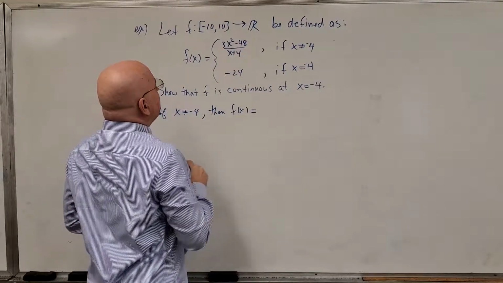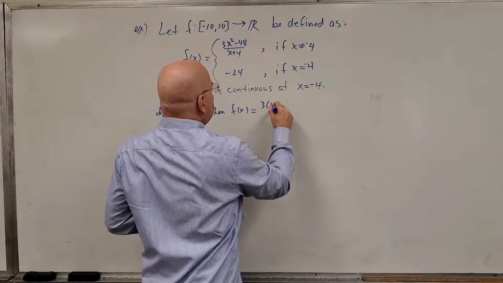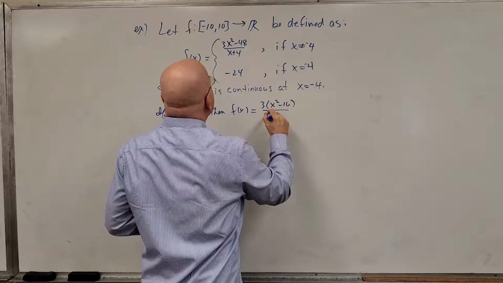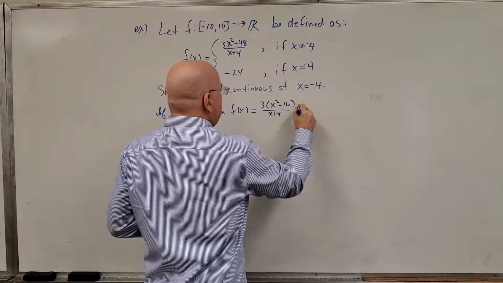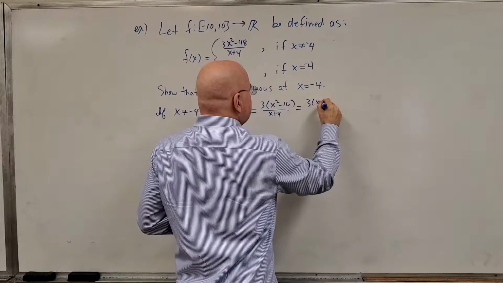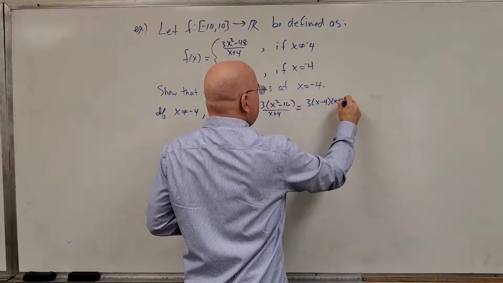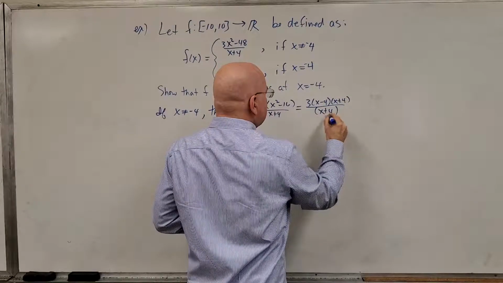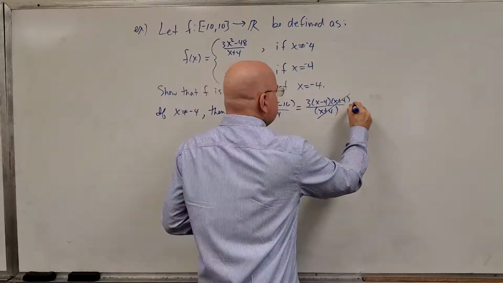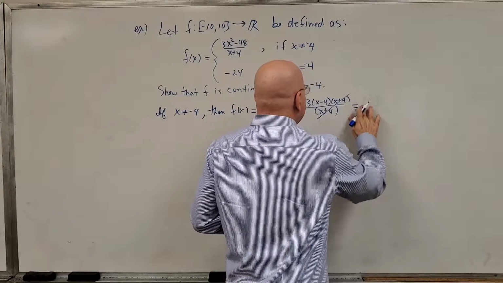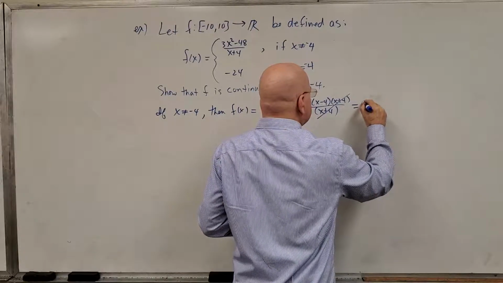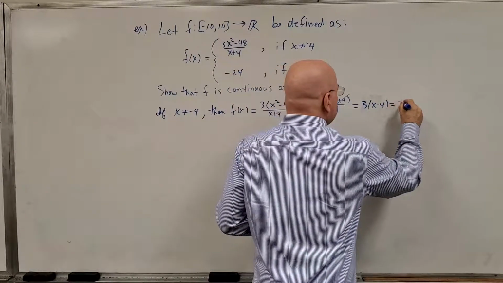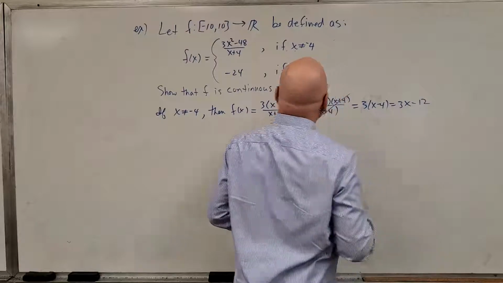Factor the top, and we would get 3 times x squared minus 16 over x plus 4, which is 3 times x minus 4 times x plus 4, because that's a difference of two perfect squares, over x plus 4, and we get 3 times x minus 4, which I'll multiply out: 3x minus 12.